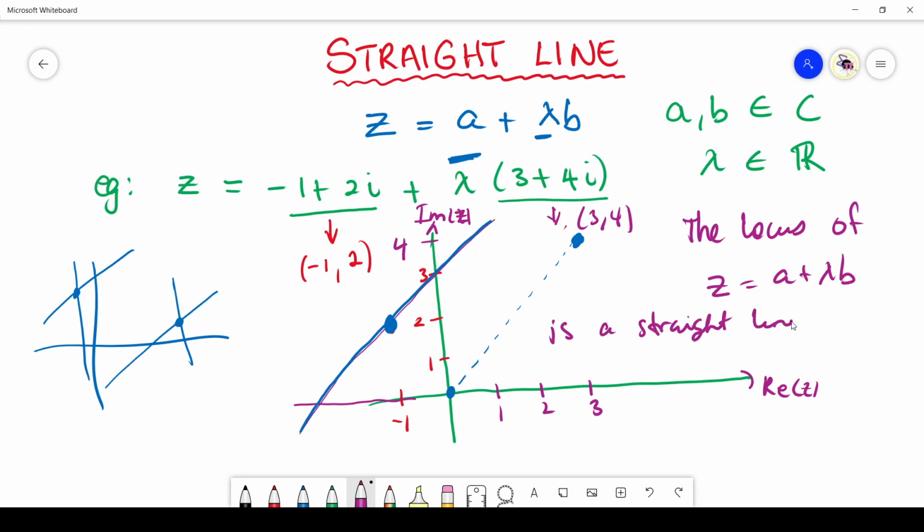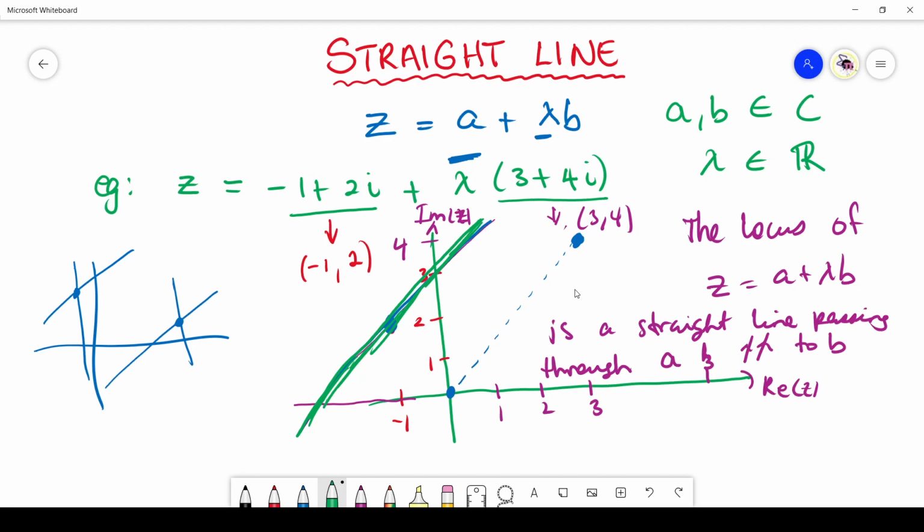It's a straight line passing through A, so it must pass through your first point, and it has to be parallel to B, where B has to start from the origin. All right, so those are the key foundations to remember, and this is actually your final answer. This line here, this line in green, is your final answer. The line that is actually parallel to B.